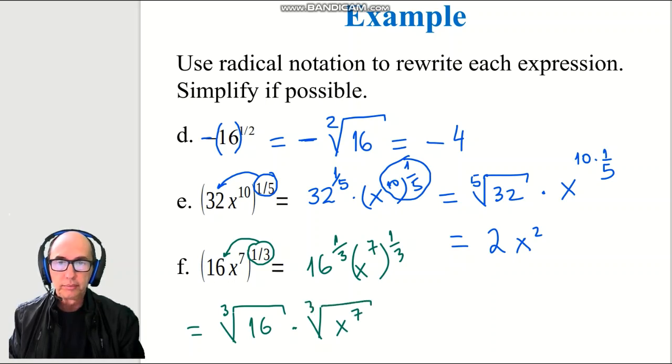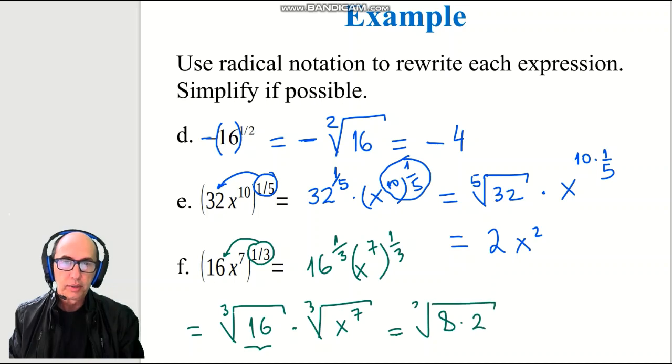We cannot simplify like 7 divided by 3, because 7 is not divisible by 3. But let's break this down into a multiplication of a perfect cube, 8 times another number, and a multiplication of a perfect cube, x to the 6 times x.